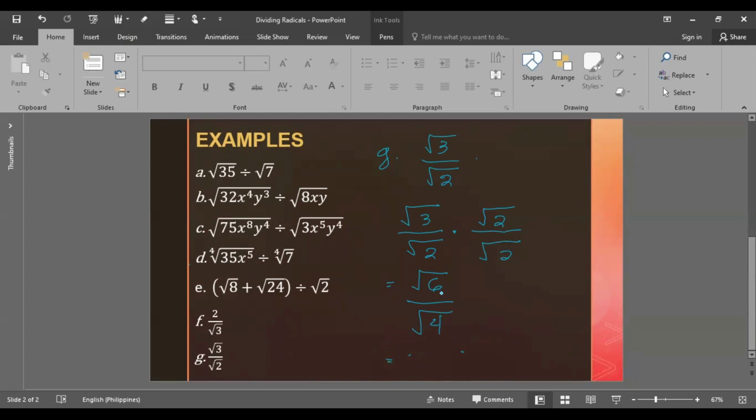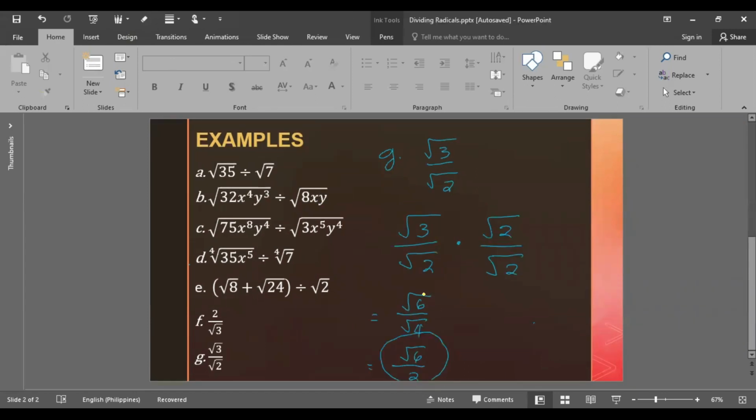And 6 is not a perfect square and wala naman siyang factor na may square root. So just copy the square root of 6 and square root of 4 is 2 and this is now the answer.